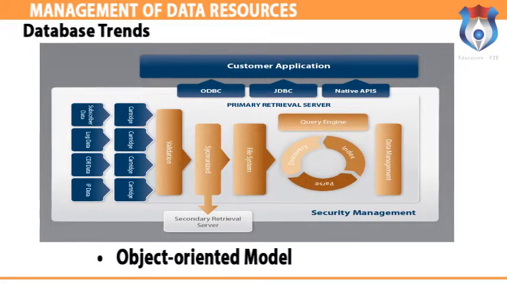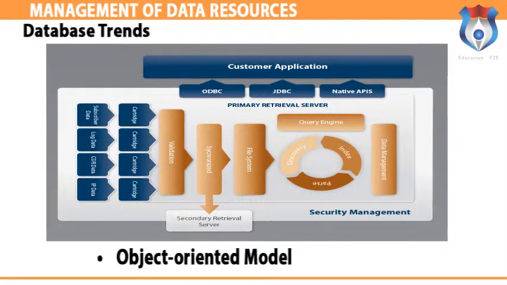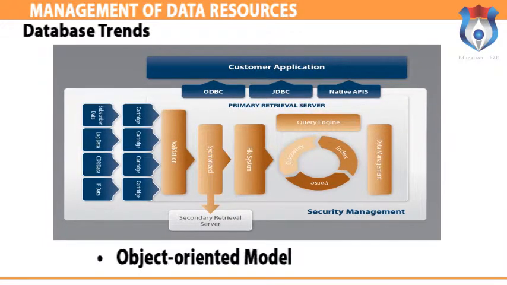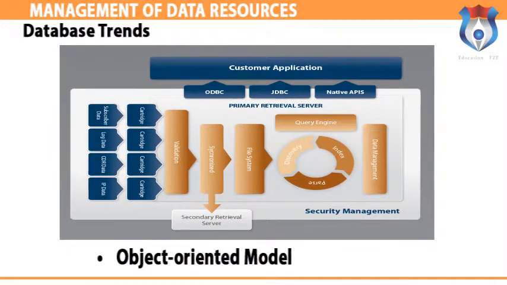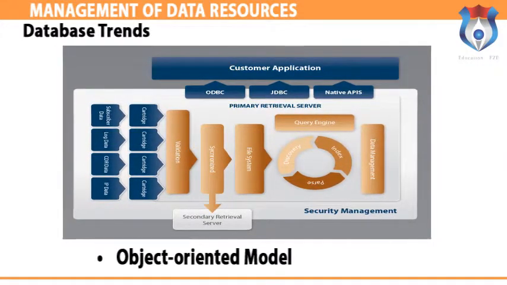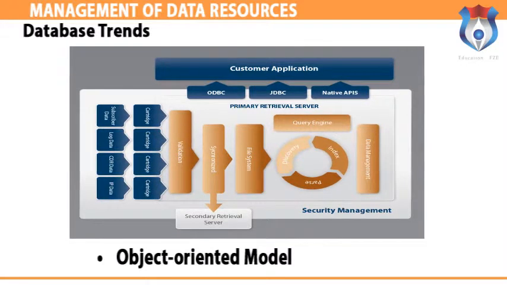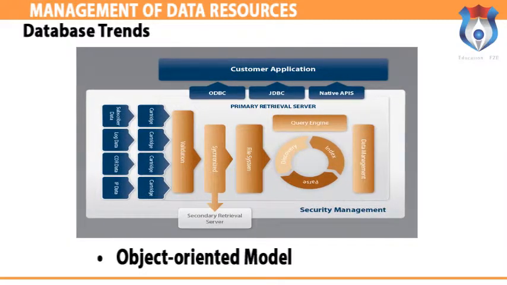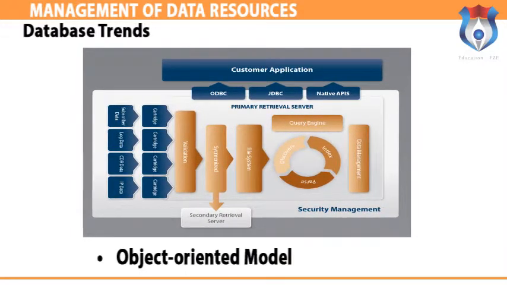Object DBMS add database functionality to object programming languages. They bring much more than persistent storage of programming language objects. They extend the semantics of the C++, Smalltalk, and Java object programming languages to provide full-featured database programming capability while retaining native language compatibility.